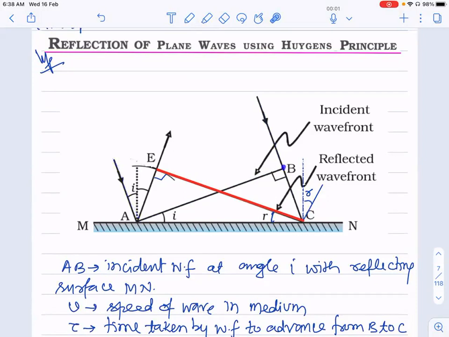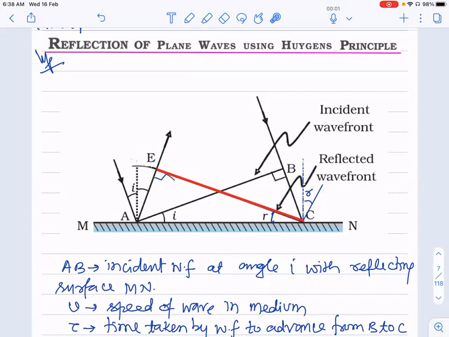So BC distance का हमने यहाँ पर इधर आर्क ड्रॉ किया. AE is equal to BC distance, and joining C to E gives us ये वाला जो है reflected wavefront.